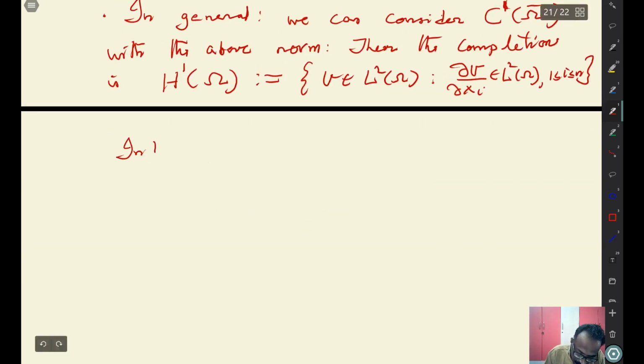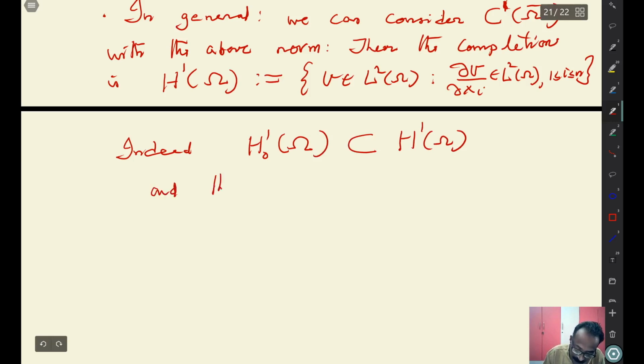Indeed, H1 naught of omega, which takes care of the boundary condition, is contained in H1 of omega, and they are Hilbert spaces with respect to the norm which we have defined, the norm of v.